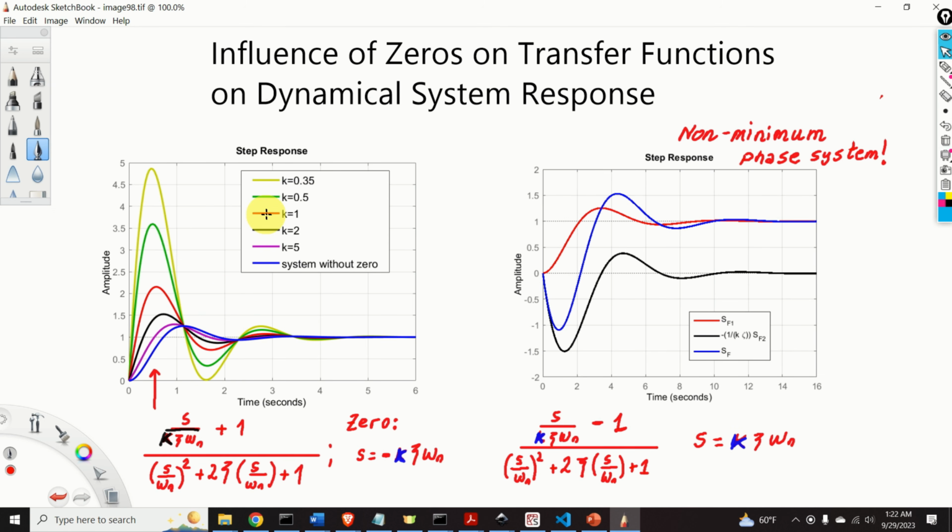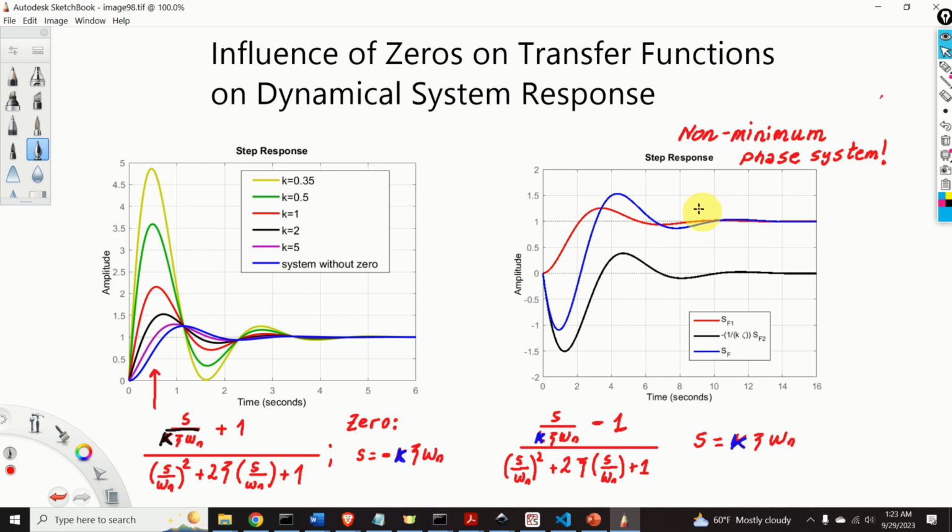As k is decreased, that is, as the zero approaches the imaginary axis, the rise time increases. However, the overshoot increases. We will learn that, in some sense, the zero closer to the imaginary axis and closer to the real parts of the system poles plays the role of derivative. That is, it introduces an additional derivative action in the step response.